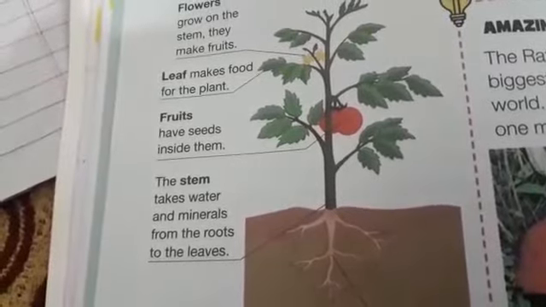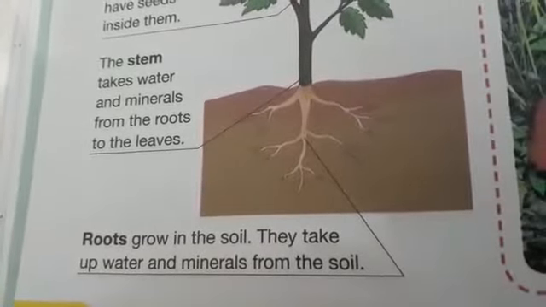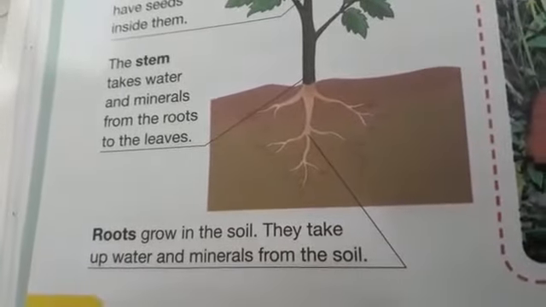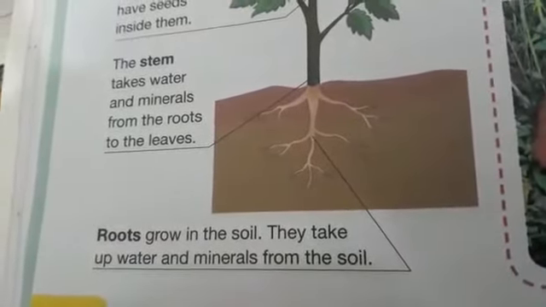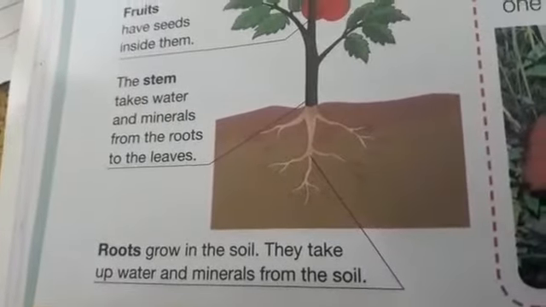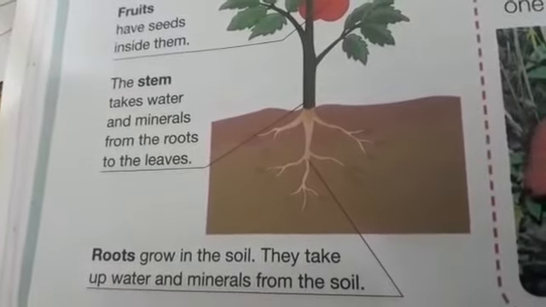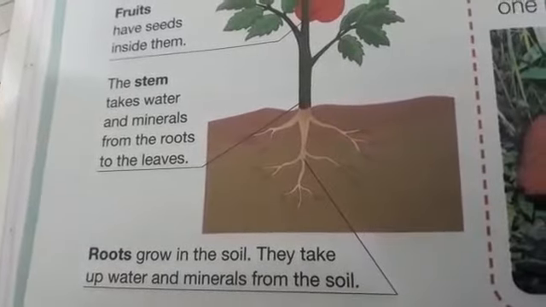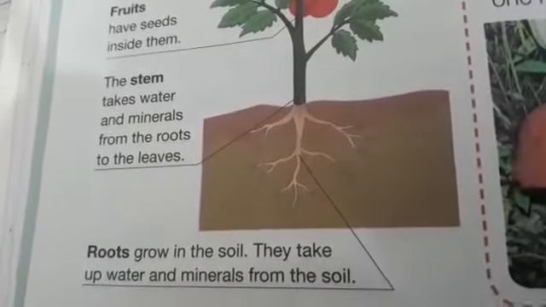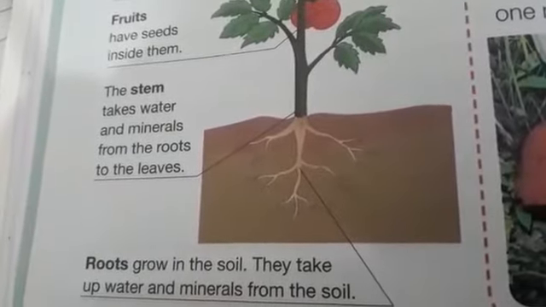What is the procedure? First of all, at the end there are roots, and roots grow in the soil. They take up water and minerals from the soil. Clear? First of all, we'll start from the root and see how the plant grows from the root to the leaf. Roots grow in soil and take up water and minerals. This is the underground part of the plant.